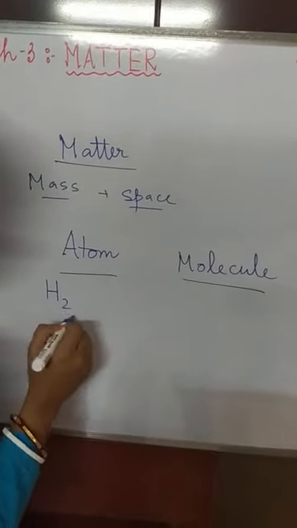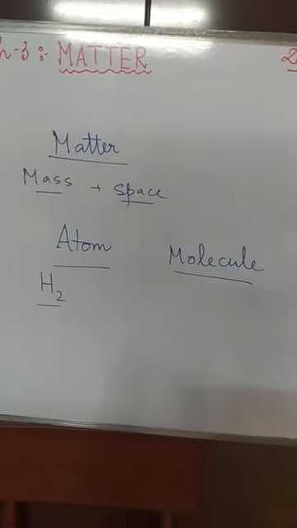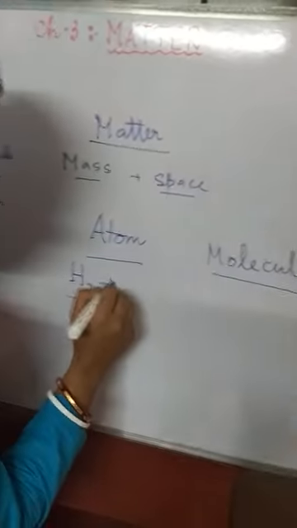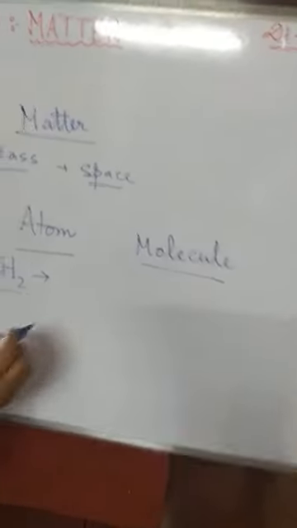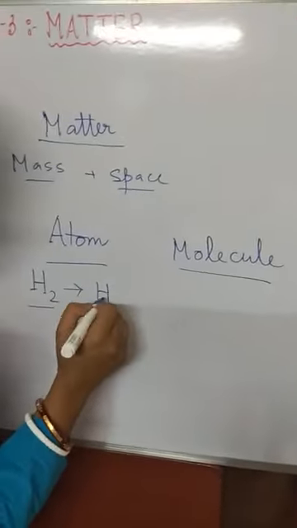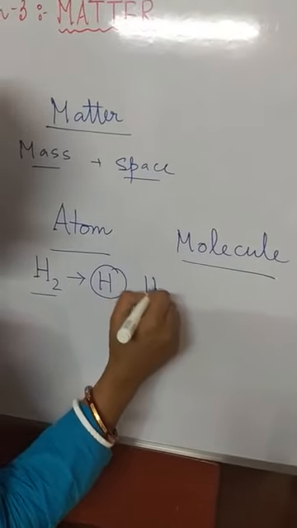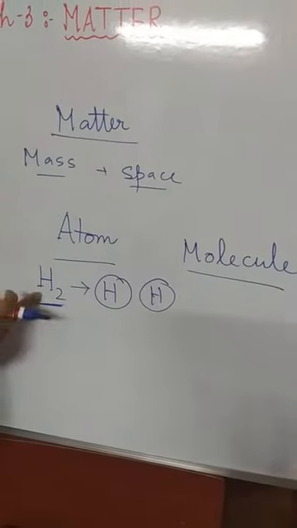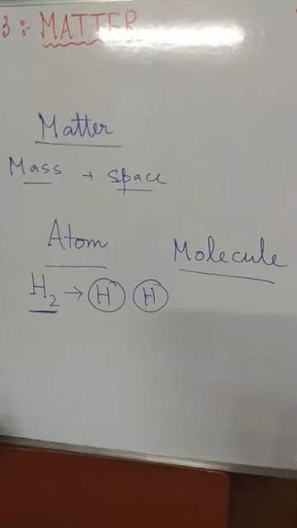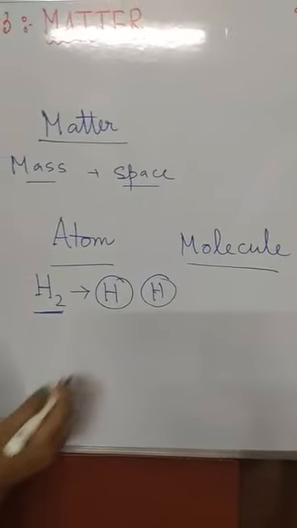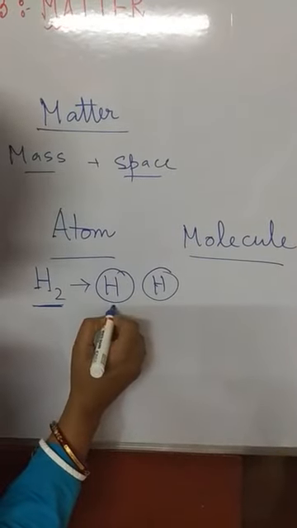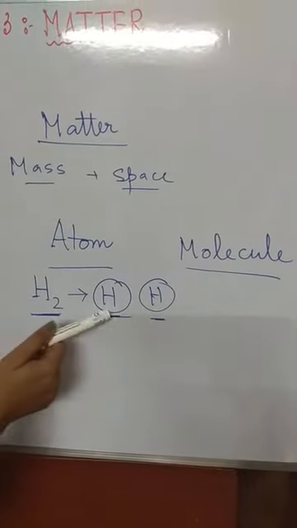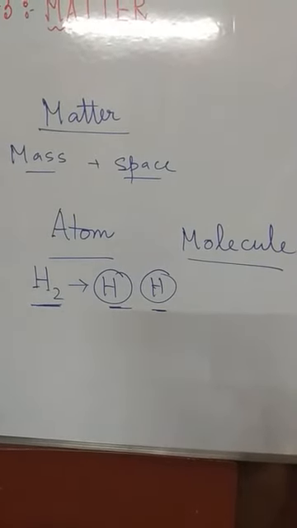Hydrogen is a gas, it's an element. As we write H2, it has two atoms. This is a molecule of hydrogen. By H2 we are representing one molecule of hydrogen. Now if we break it, we will get two atoms of hydrogen. So these are two atoms of hydrogen.